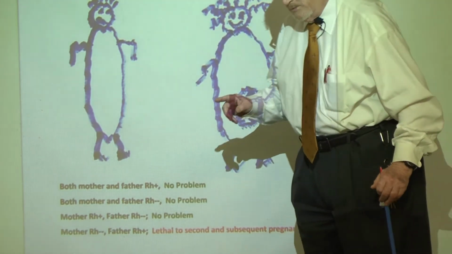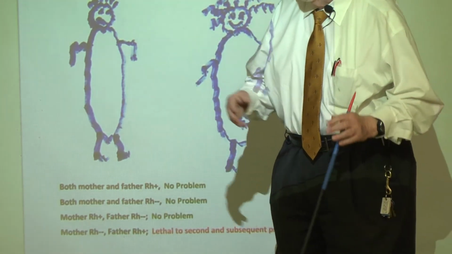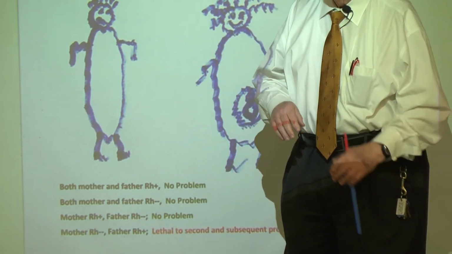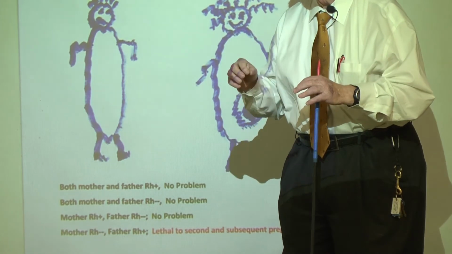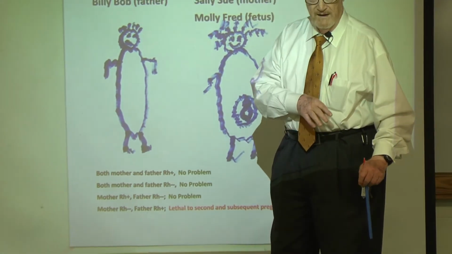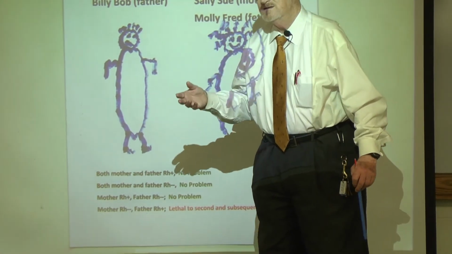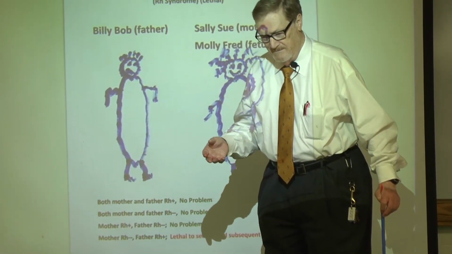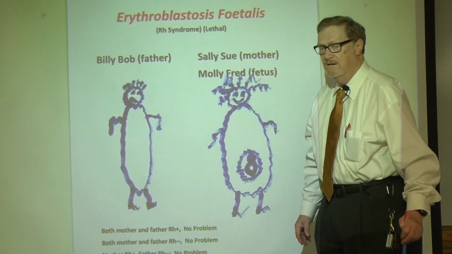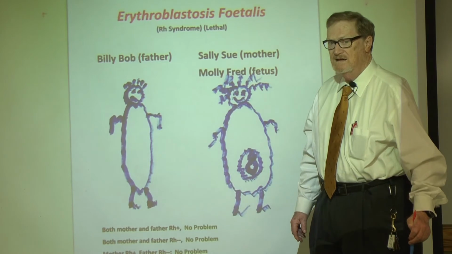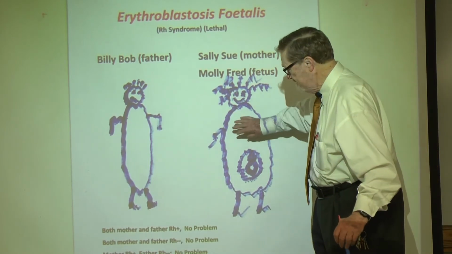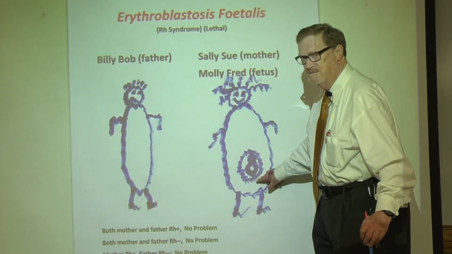But when Molly Fred is born, there is mixing of maternal blood and fetal blood because there's a stripping away of the layers of the placenta, and blood will mix from placental fetal blood over into Mama's blood system, and her body will go on a witch hunt looking for those nasty old Rh positive blood cells that got into her blood system when Molly Fred was born.